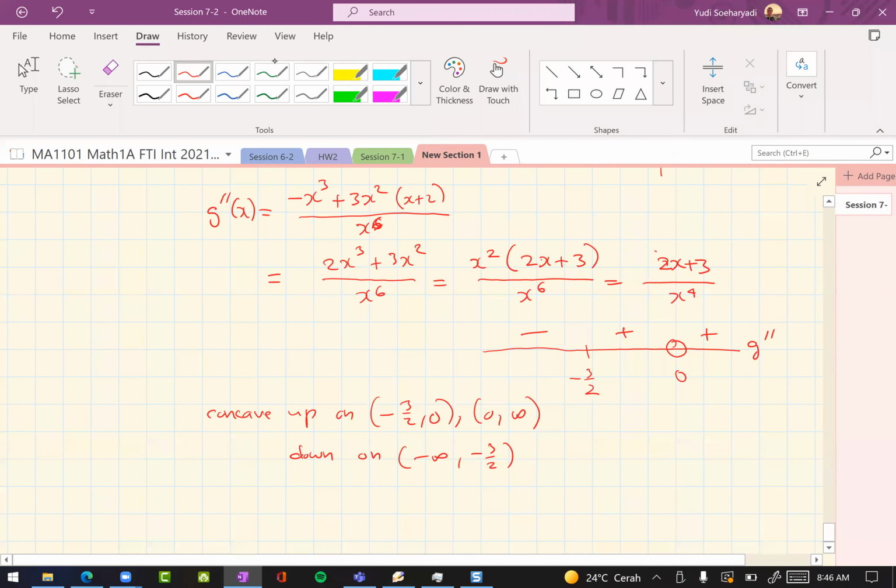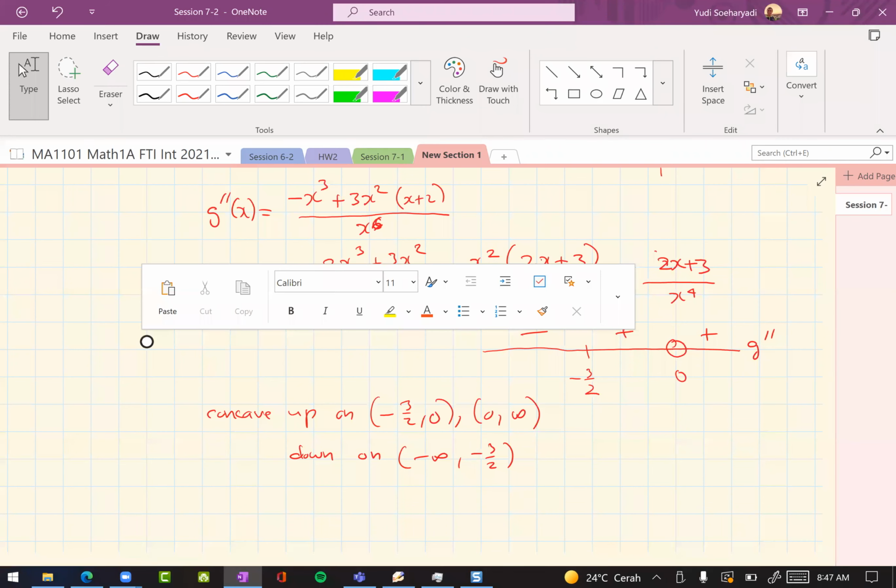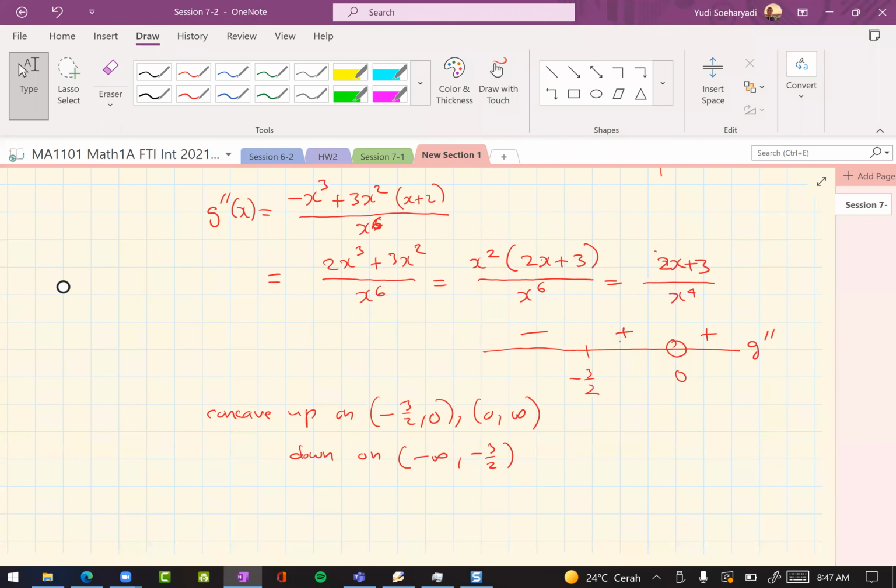Oh, by the way, I forgot to mention, when you have a change of sign for the first derivative, it gives you the max or min. Right? But when you have a change of sign for the second derivative, it's called the inflection point.